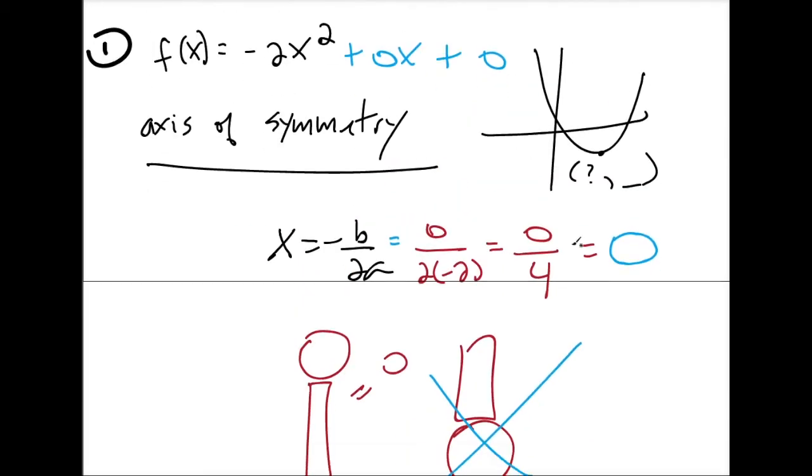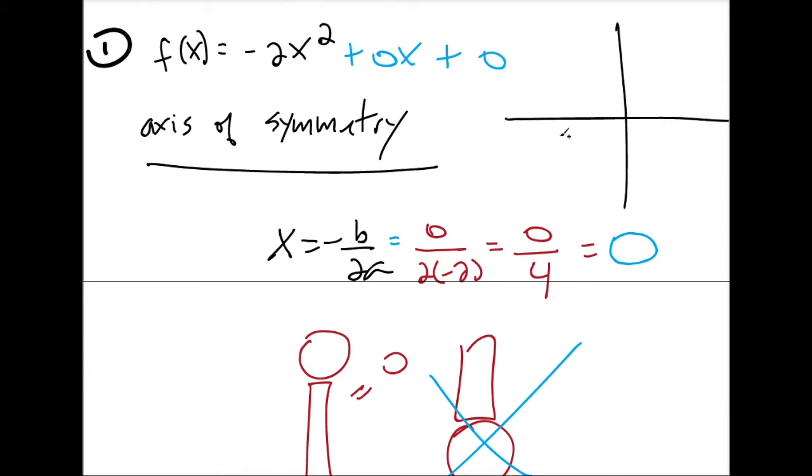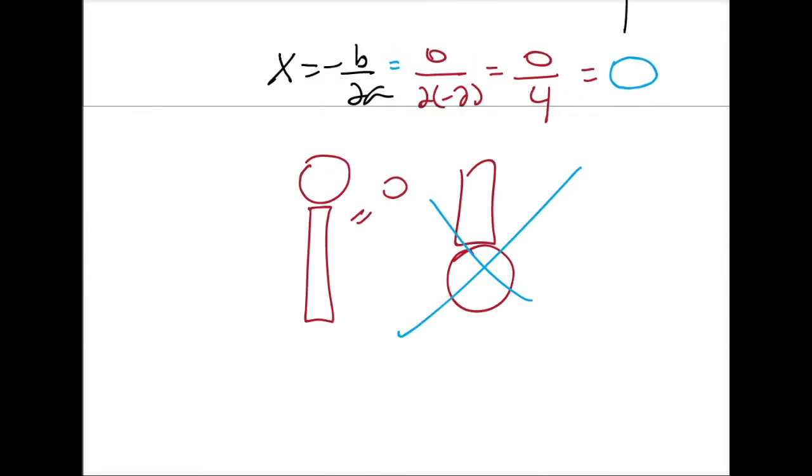So now I know this x value right here. In fact, my graph isn't even accurate anymore, so I could go over here and make it a little bit more accurate. Okay, so I know that my x value is 0. And how do I get the y value of my vertex? Set x to 0. Yeah, you just plug in whatever you got here.